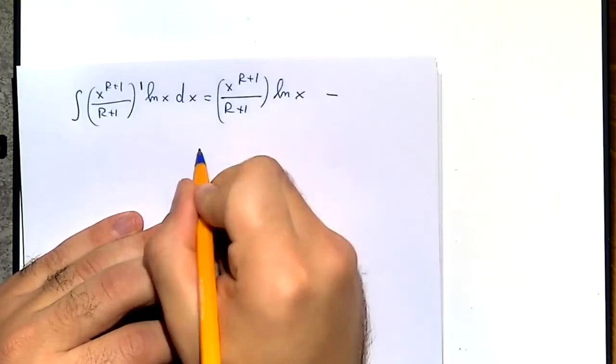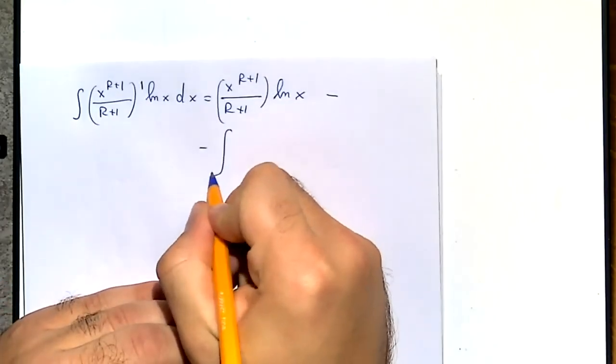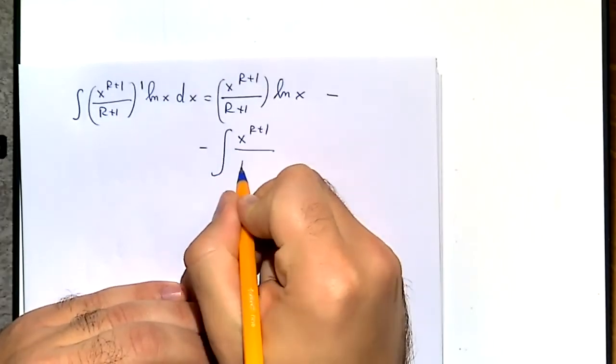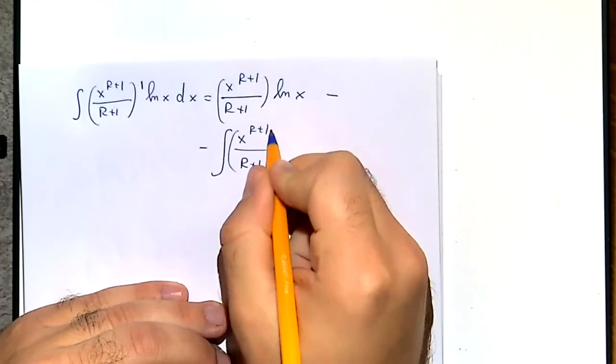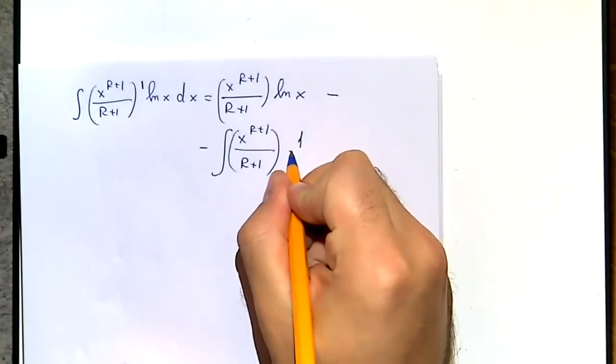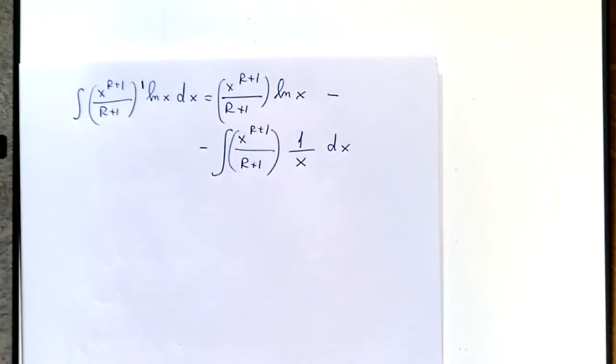And I have minus here the integral of x^(r+1)/(r+1) times the derivative of log of x, which is just 1 over x dx.